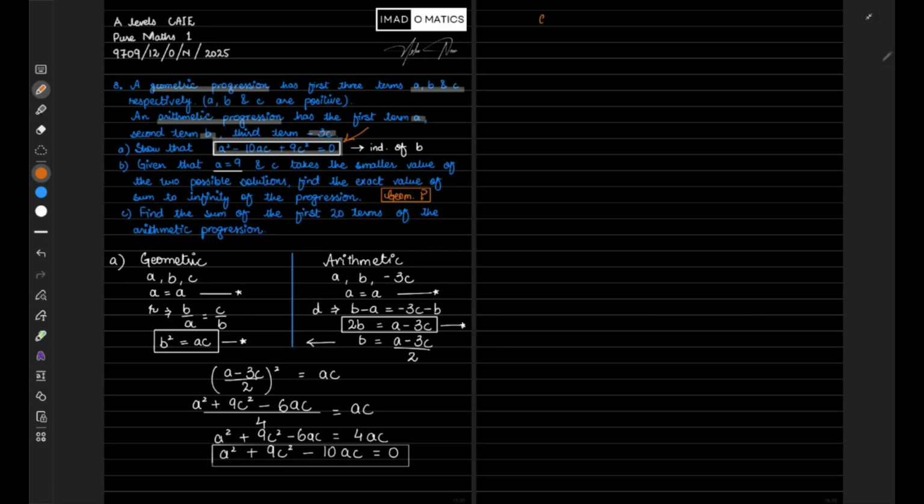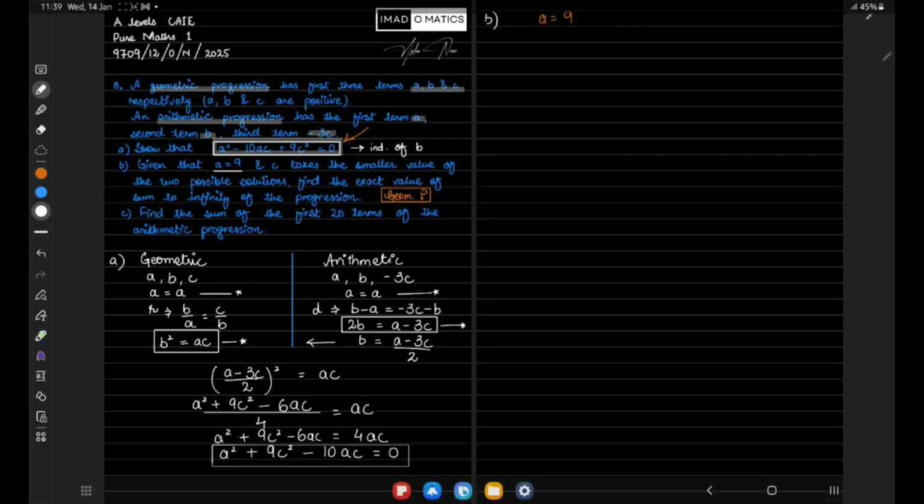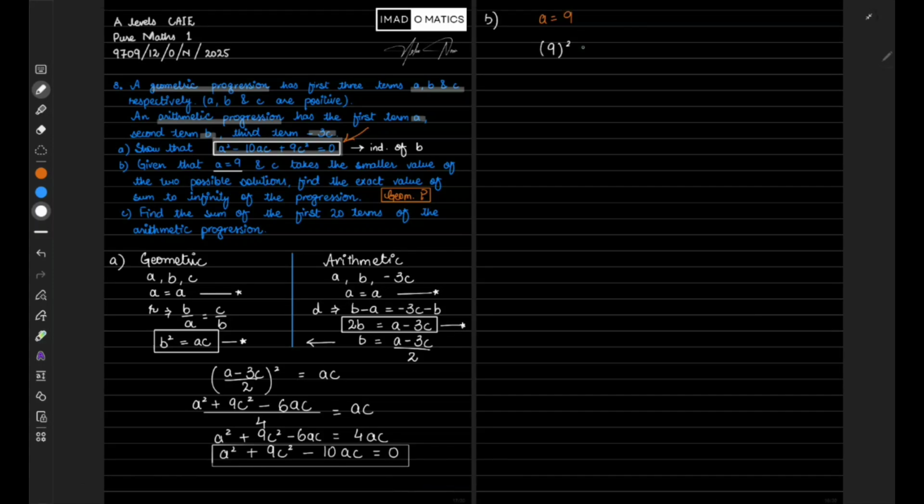So let's substitute A equal to 9 square plus 9C square minus 10 times 9 times C equals 0. That will give you 81 plus 9C square minus 90C. This becomes quadratic in C. We can simplify this.